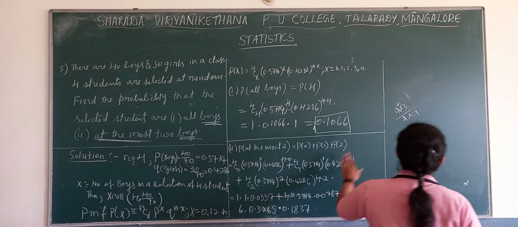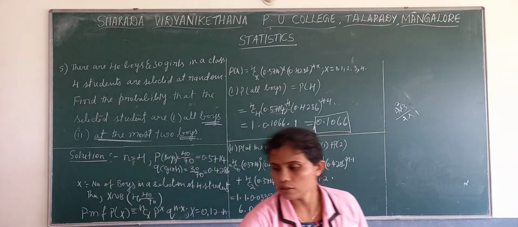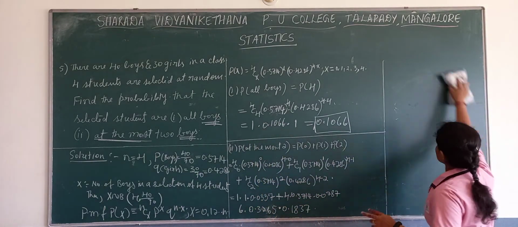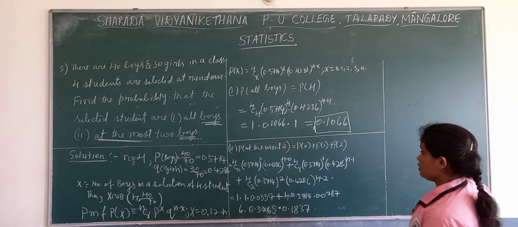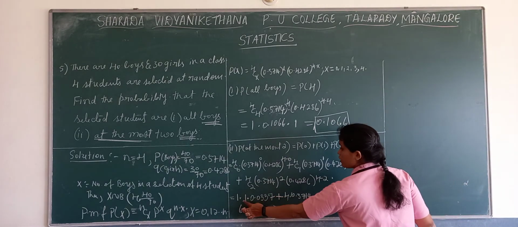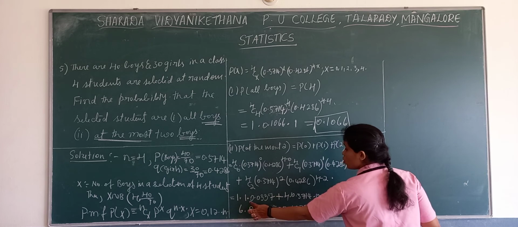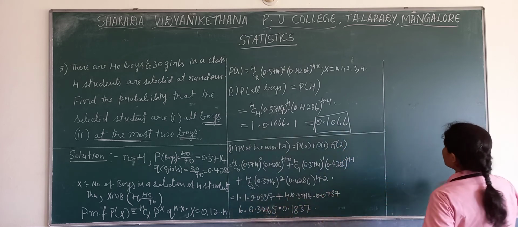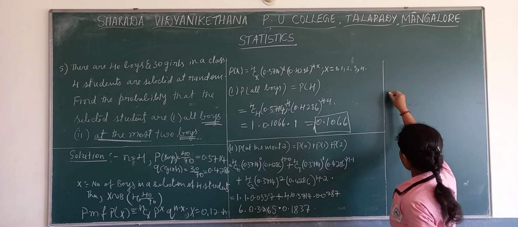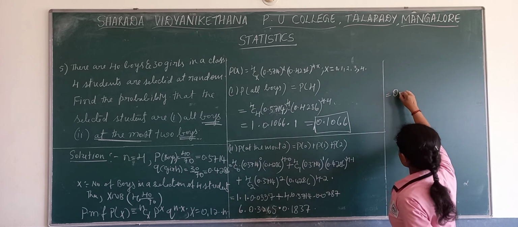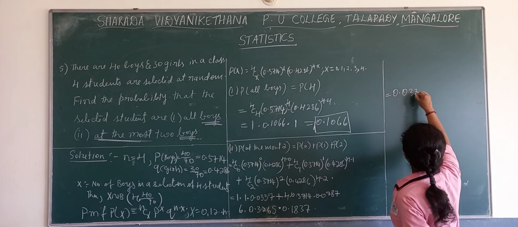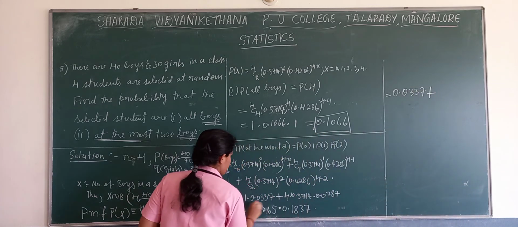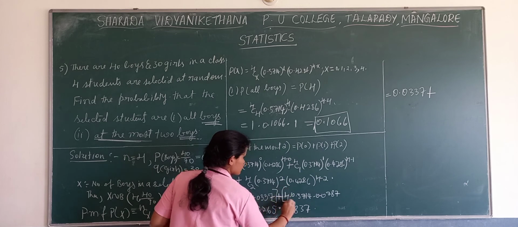First we multiply this. Now 1 into 1 into 0.0337, there we get the value 0.0337, plus, if you are getting confused, do let me know.